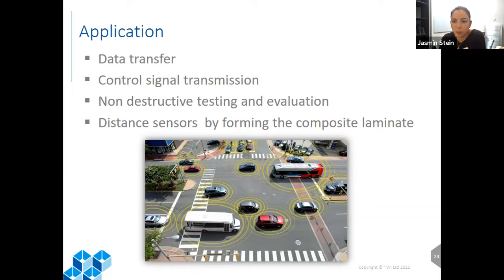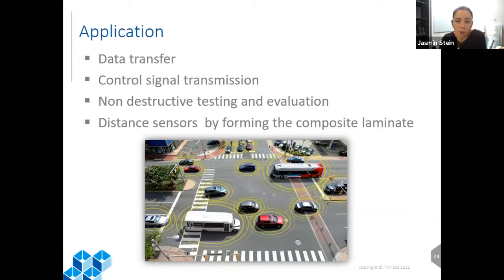The requirement is maybe your data needs to be translated into an electromagnetic wave, but other than that, you can send any type of control data, or you can send any information or video data, anything you want, through the composite. And it can be used for non-destructive testing or structural health monitoring.